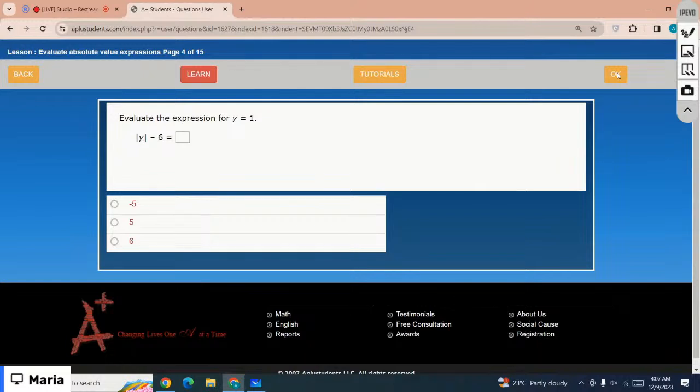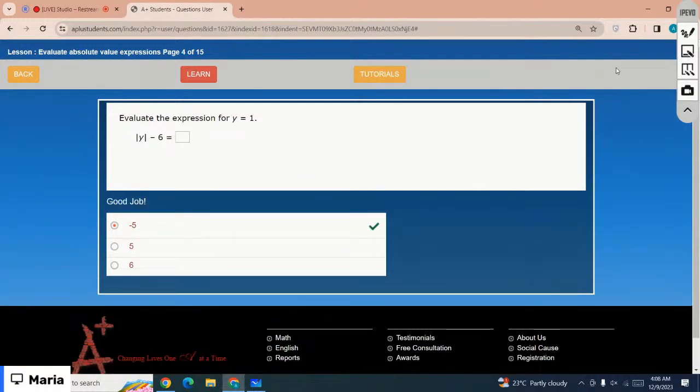Yes, 1 minus 6 equals negative 5. So the correct option is negative 5.